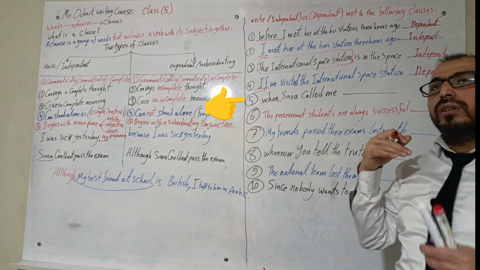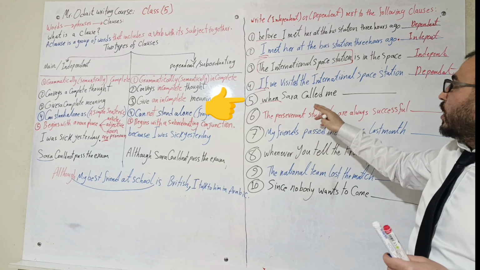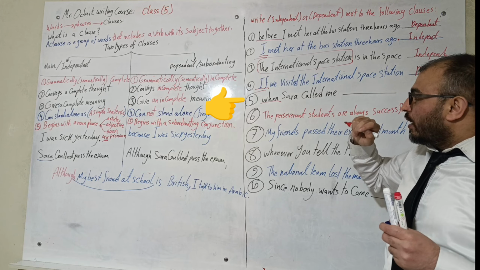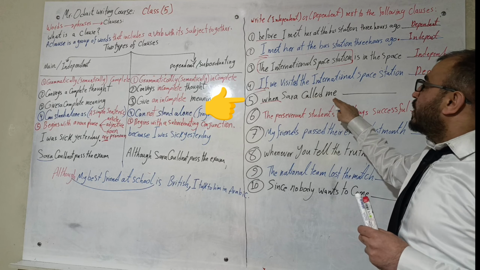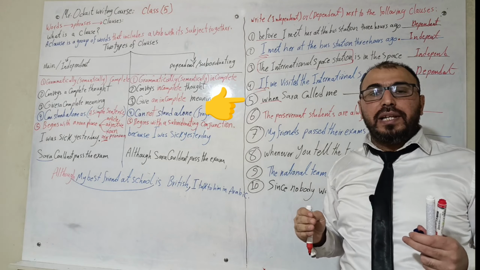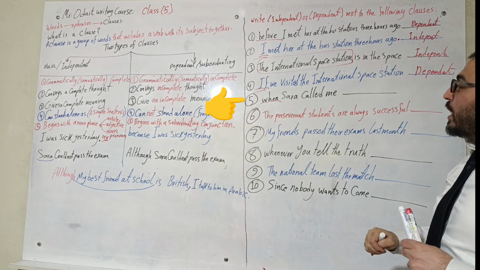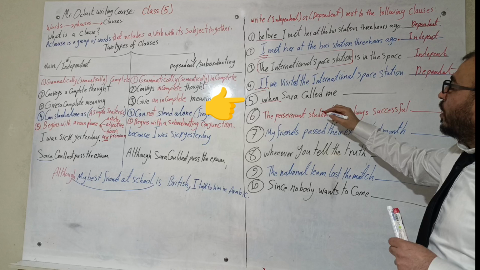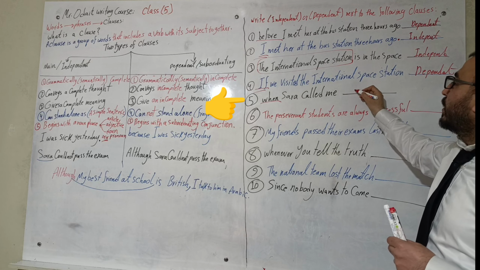For example, when Sarah called me, I was eating. When Sarah called me, I was sleeping. That's why, as you see, my friends, the meaning of this clause is incomplete unless I use another main clause to clarify it. That's why I say this is a fragment or a dependent or a subordinating clause.